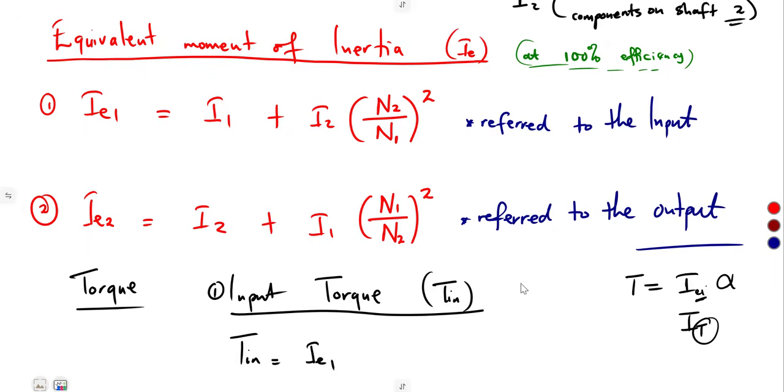As long as you know that the IT you're talking about is for input or for output. So here we write IE1, IE2 to specify that this is for input, this is for output. Then definitely you're going to multiply by the angular acceleration that is on the input, the angular acceleration that you're given on the input.